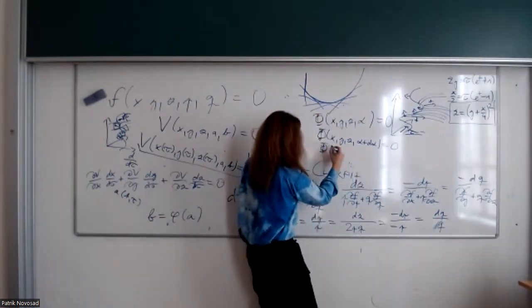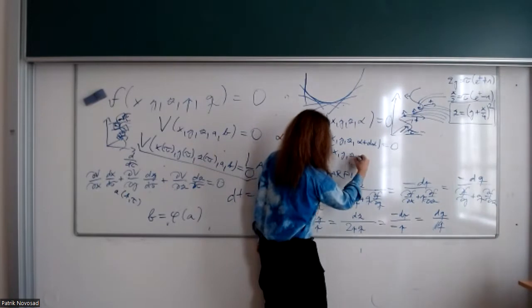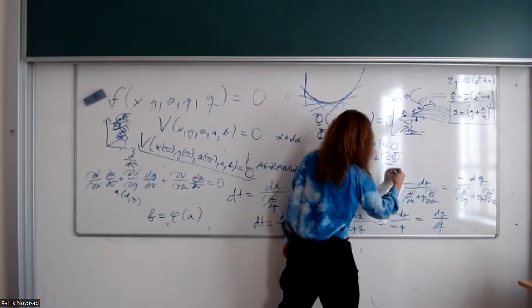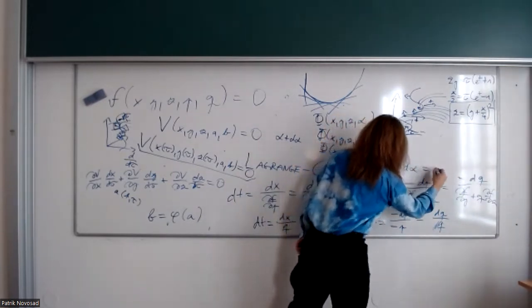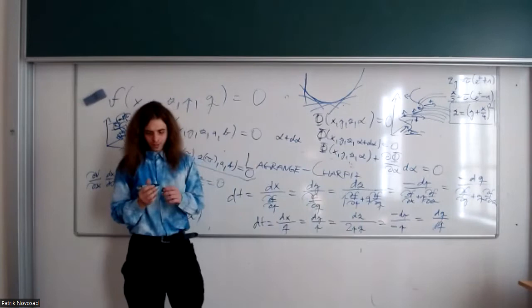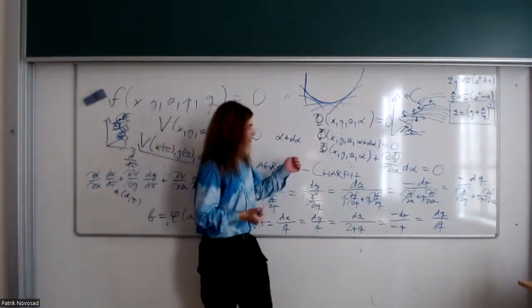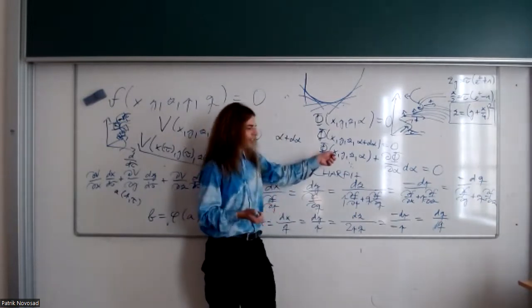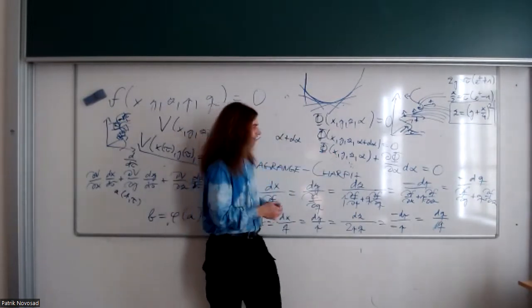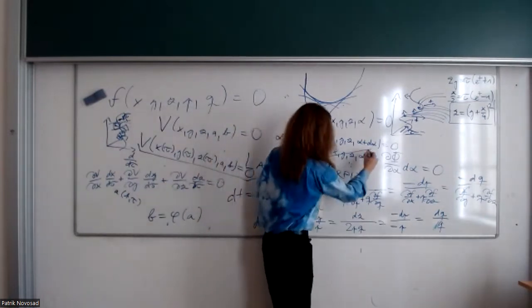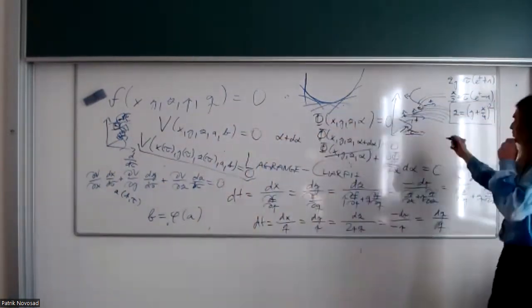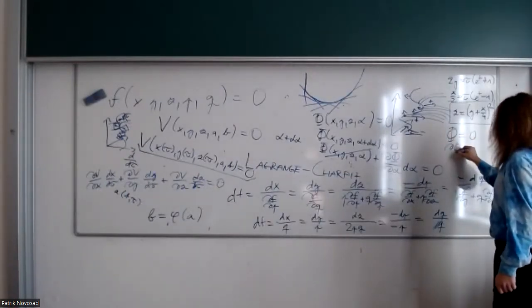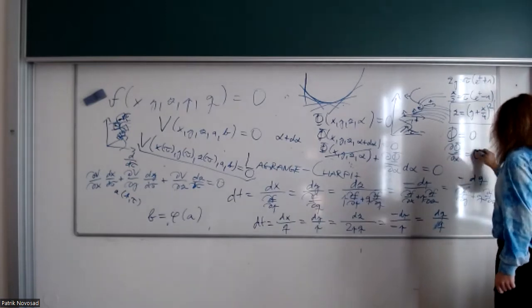So after rewriting it in such a manner, we still need to get a 0, because the intersection, of course, needs to lie on the new surface as well. And since this has to be 0 in the first place, then we have a very simple system of two equations: phi equals 0 and its derivative with respect to alpha equals 0.